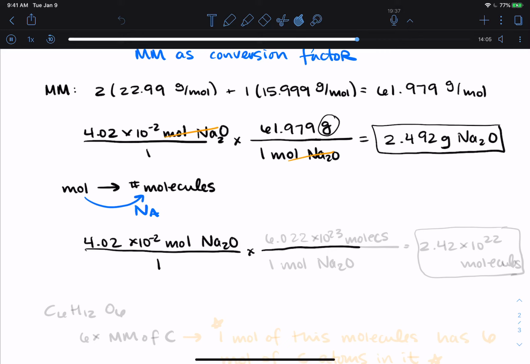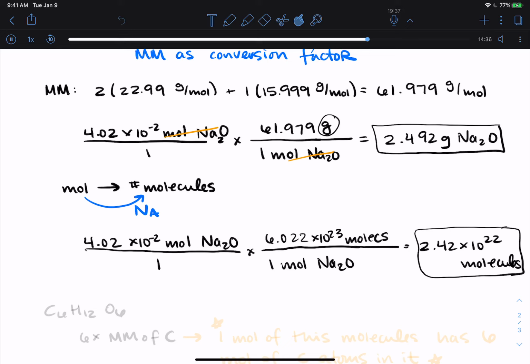And I know that 1 mole of sodium oxide contains 6.022 times 10 to the 23rd molecules. And so this would be 2.42 times 10 to the 22nd molecules of sodium oxide.